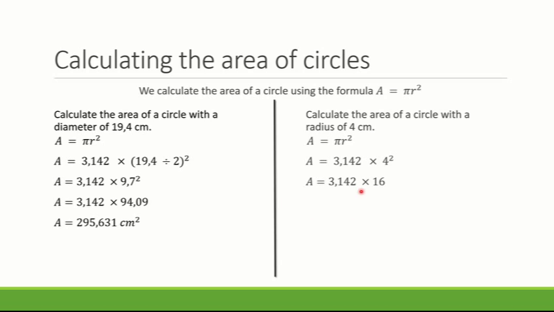A equals 3,142 times 16, and then we can multiply 16 by pi. Our final answer is the area A equals 50,272 square centimeters. Again, that's very important. They gave us the radius in centimeters, so we have to give it to them in the same unit, square centimeters.